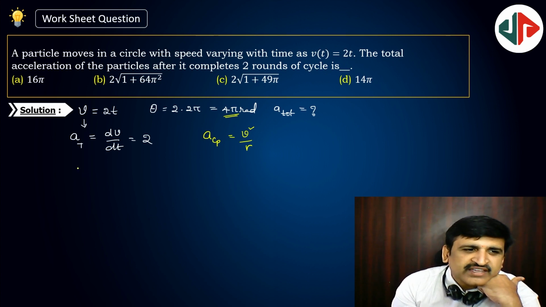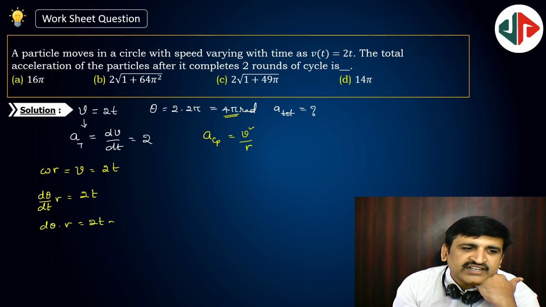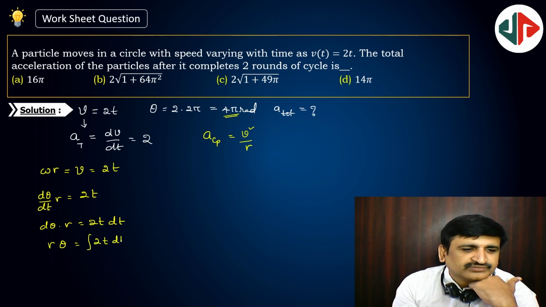May I write v is equal to 2t like this? V is equal to omega r, right? Omega is d theta by dt, into r, that is equal to 2t. Now r d theta is equal to 2t dt. Now integration: r into theta is equal to the integral of 2t dt.